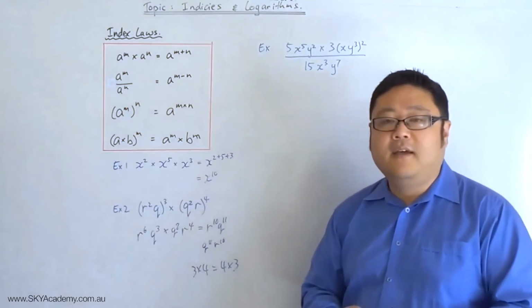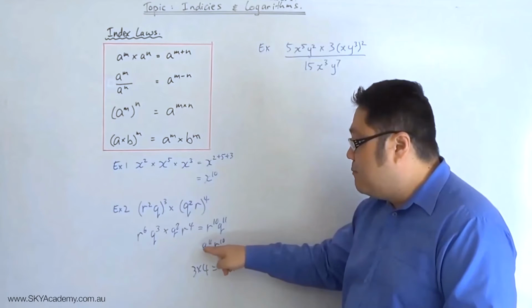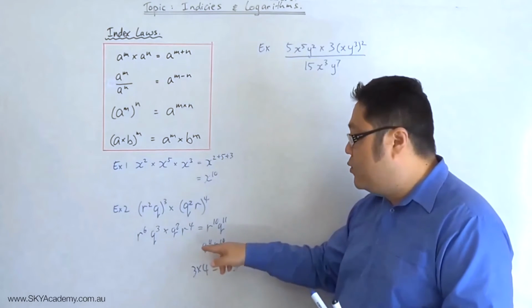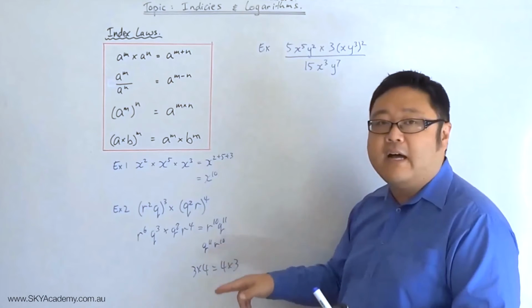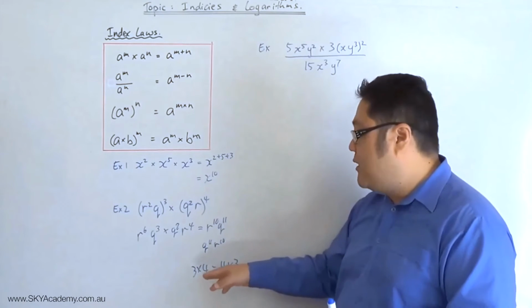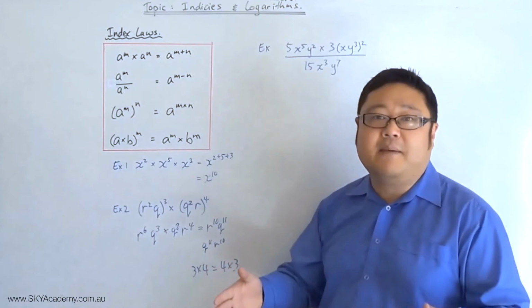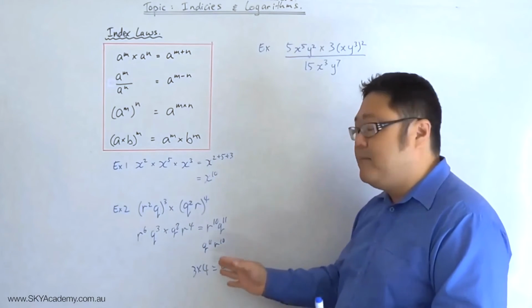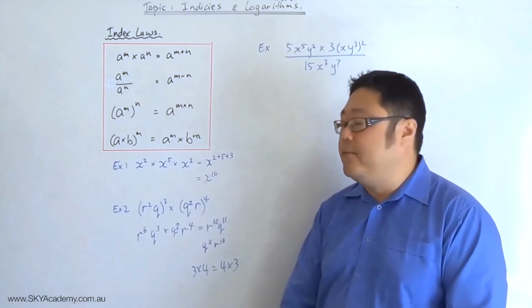What glues the q to the power of 11 with the r to the power of 10 is a multiplication sign, so the order doesn't really matter. That's just something for you to know.